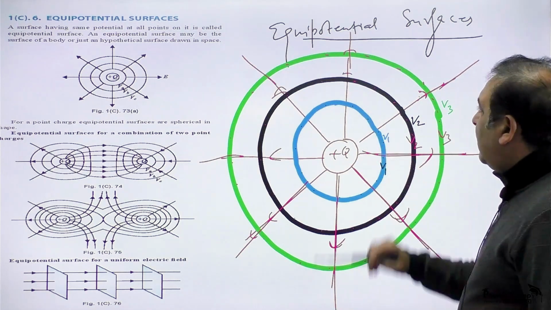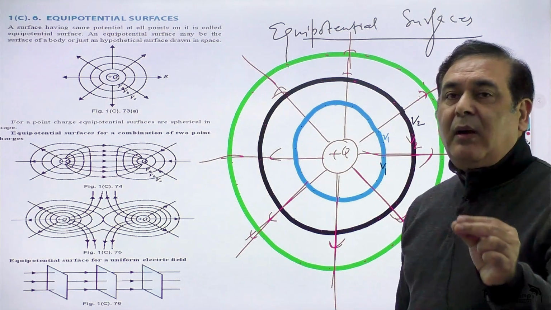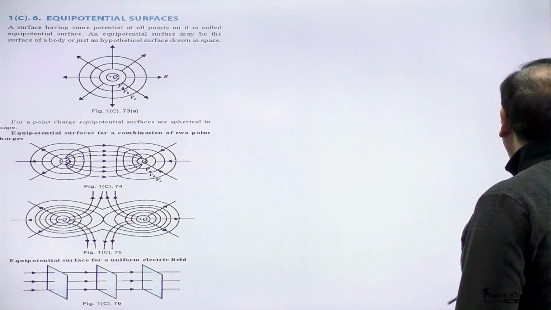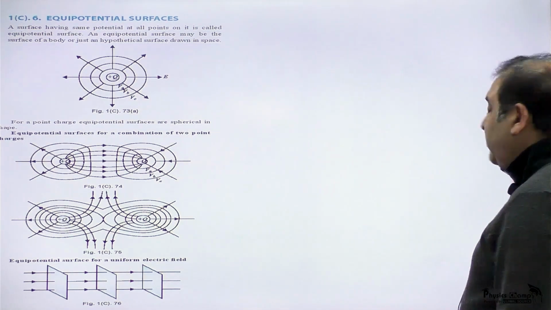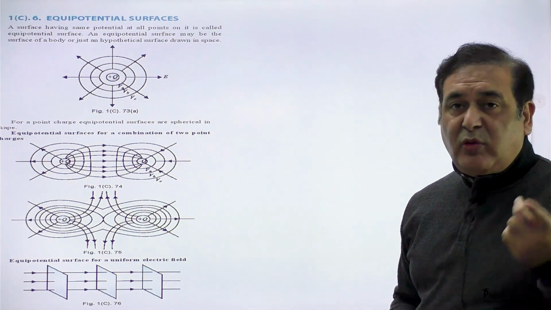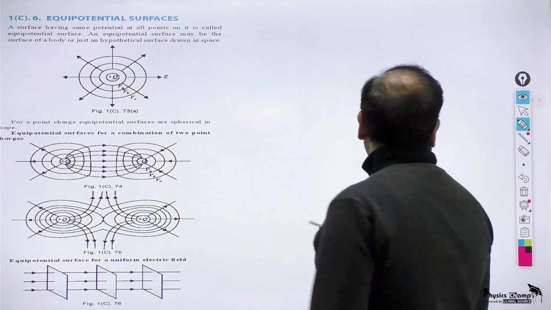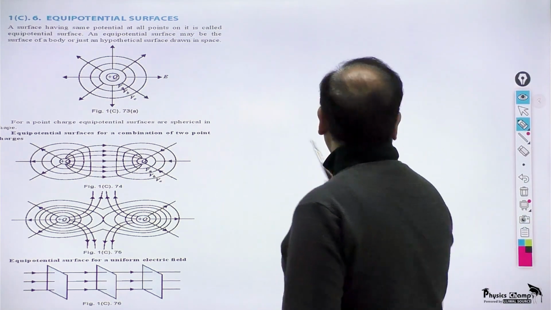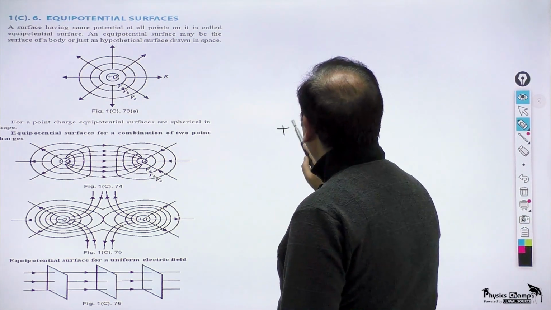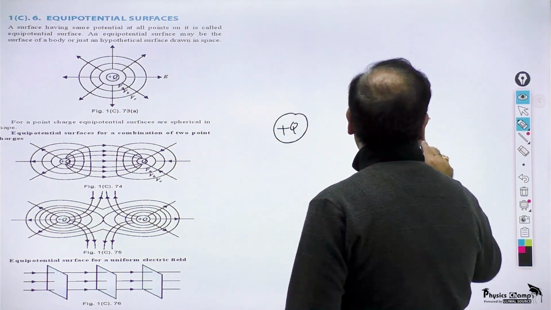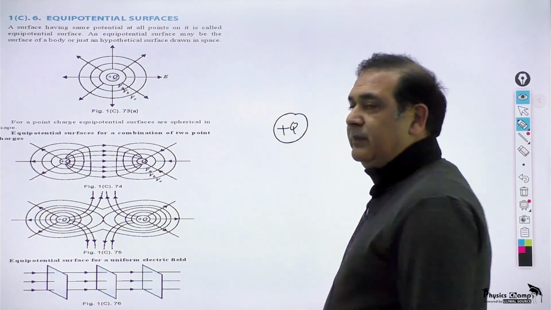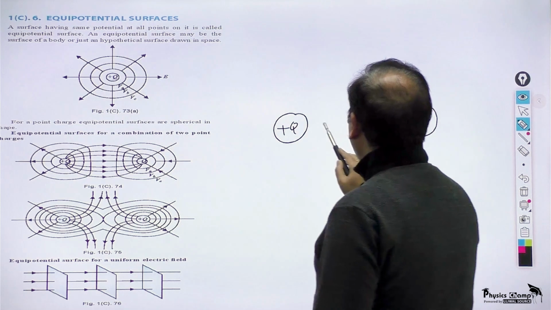Now this is the equipotential surface due to a point charge. I have another option, because we have also learned drawing electric lines of force due to a combination of charges. Just imagine you have a charge plus Q and a charge minus Q. How would the electric lines of force be?